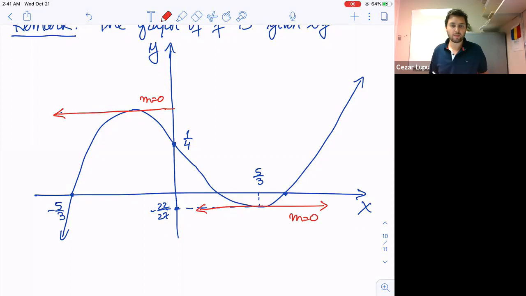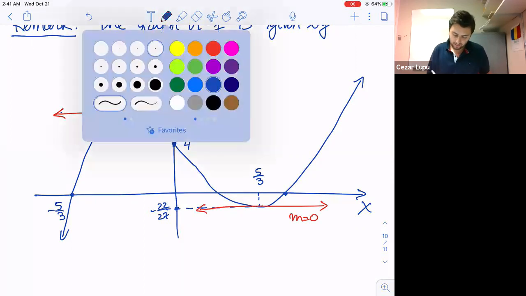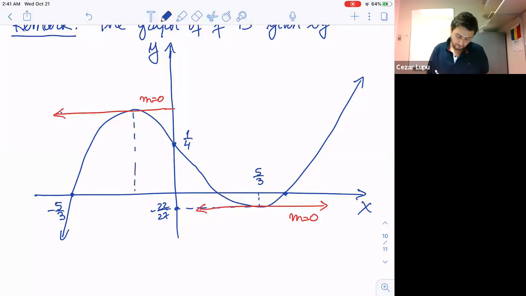So the tangent line will be horizontal here. And this will be negative 3, and here we'll have 2. Anyway, this is how the graph will look.